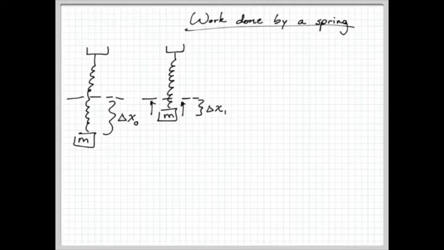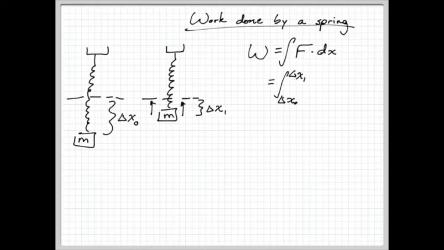Okay, so if the spring is what's making it move, then the spring is doing work. So we want to calculate how much work is being done by the spring. So it's a force over a displacement, and in this case we know the force. It's a spring force, and we know the limits go from change in x0 to change in x1.